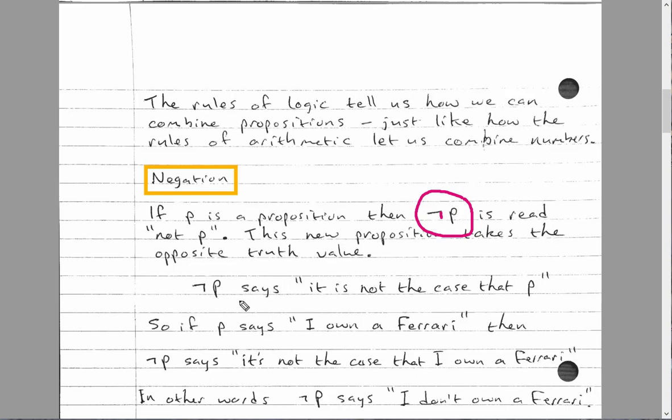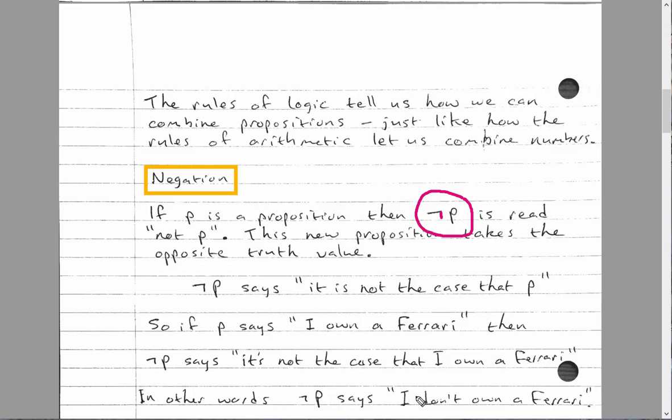So in words, not P says, it is not the case that P. So whatever P is saying, this gets the opposite. For example, if P says, I own a Ferrari, then not P says, it is not the case that I own a Ferrari.